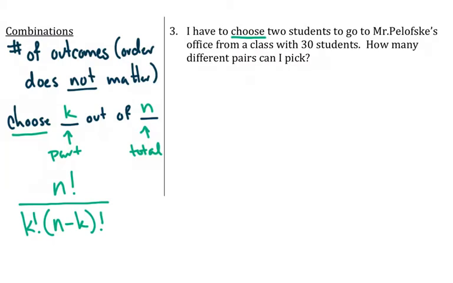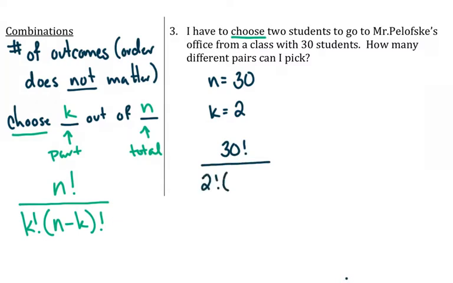So again, we're going to make sure that we're identifying our n and our k correctly. In here, our total, we have 30 students, and we are choosing 2 of them. So we have our n and our k, our total, and our part. And we're going to plug that in to say 30 factorial over 2 factorial and 30 minus 2.